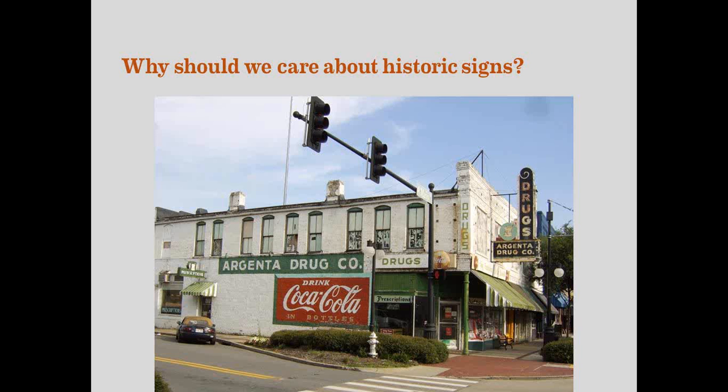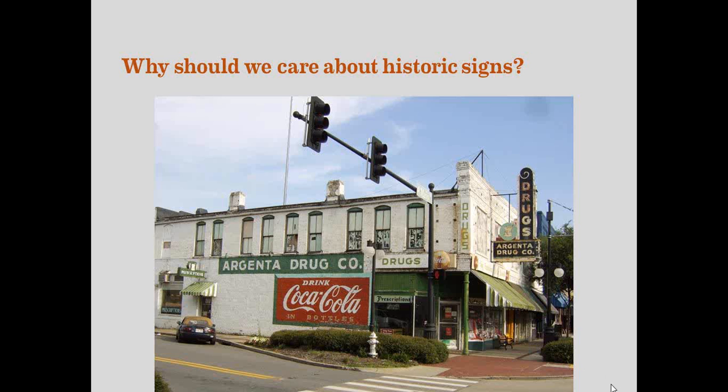So in this example of the Argenta Drug Company, we can track the evolution of this business simply by looking at the various levels of signs on this building, beginning in the late 19th century and ending sometime in the mid 20th century. We can see how this business remained profitable.